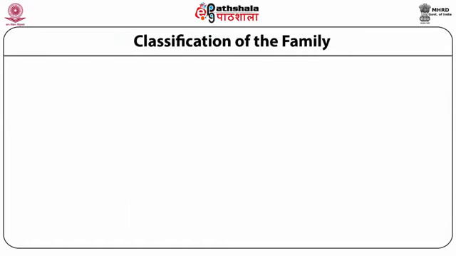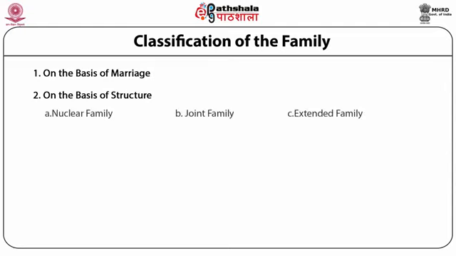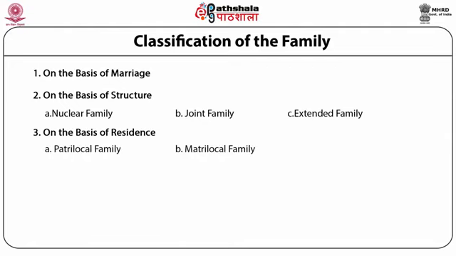Classification of the families. Classification of families on the basis of marriage has three types: monogamous family, polygamous family, polyandrous family. On the basis of structure, family can be classified into nuclear family, joint family and extended family. On the basis of residence, family can be classified into two types, patrilocal family and matrilocal family.